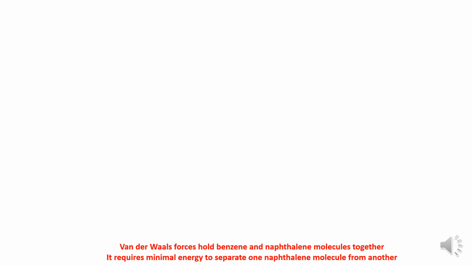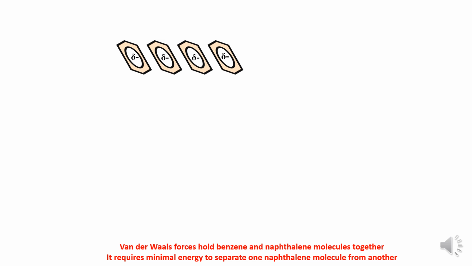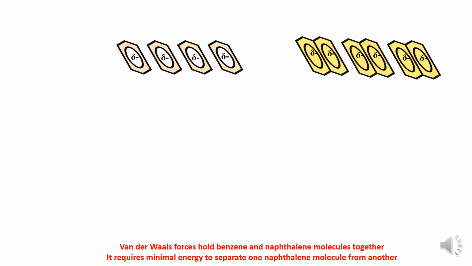So as I already mentioned, it is the van der Waals forces that hold the benzene and naphthalene molecules together. And it requires very minimal energy to separate benzene or naphthalene molecules from one another.